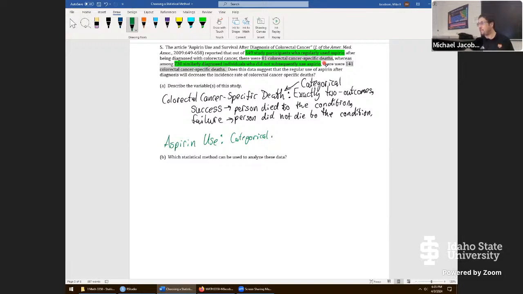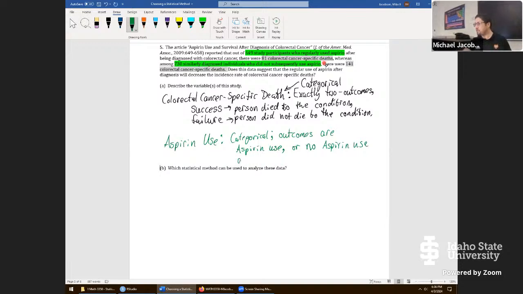So categorical will say the outcomes are aspirin use or no aspirin use after diagnosis.